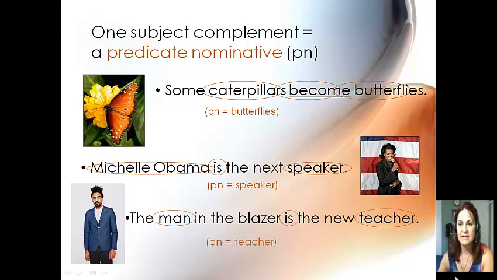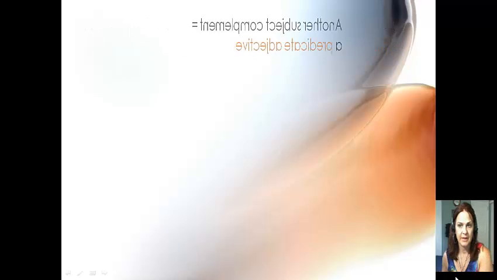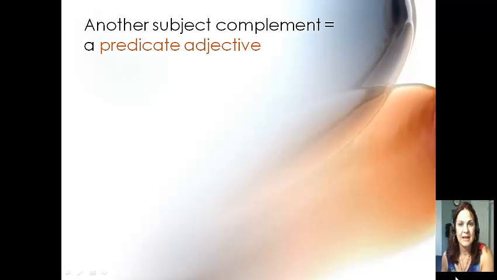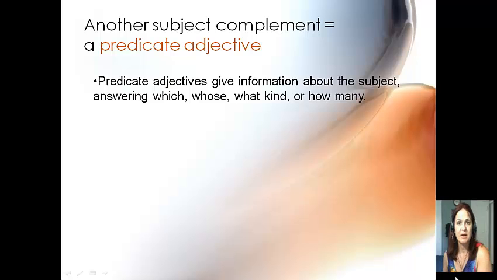Okay, our second type is a predicate adjective. We also talked about predicate adjective a month ago. But a predicate adjective gives information about the subject, answering which, whose, what kind, or how many. And if you notice, that's just what an adjective would answer.